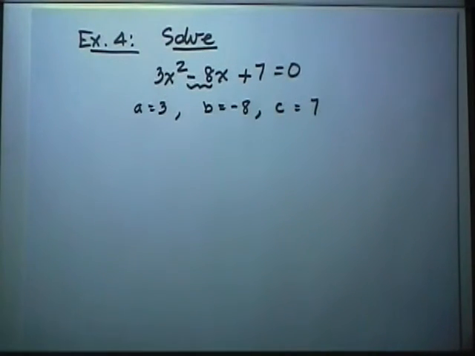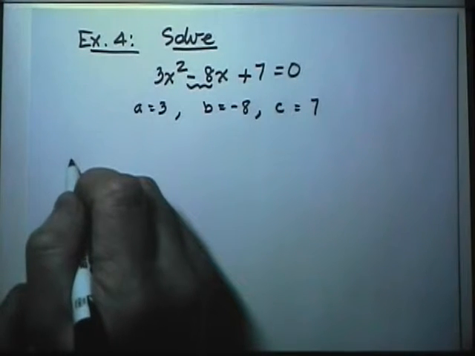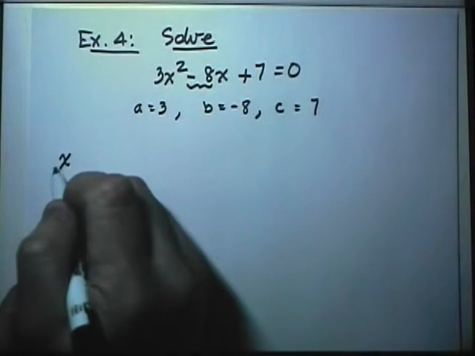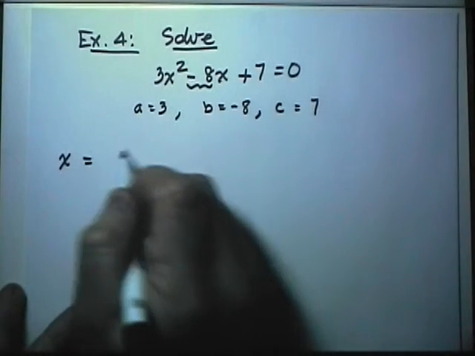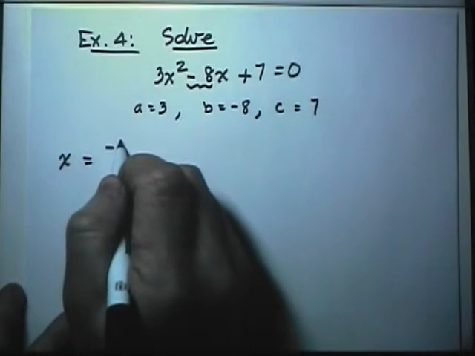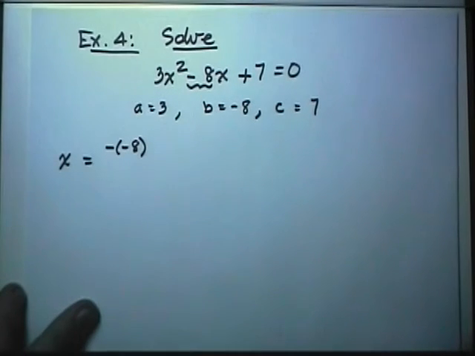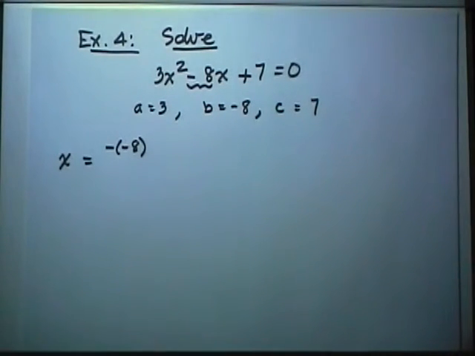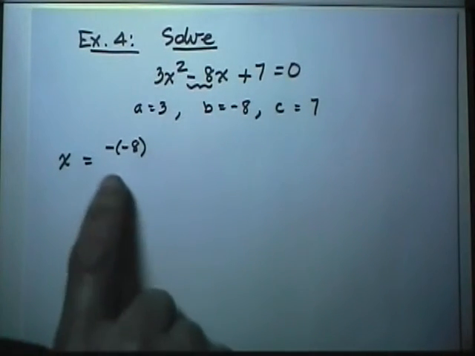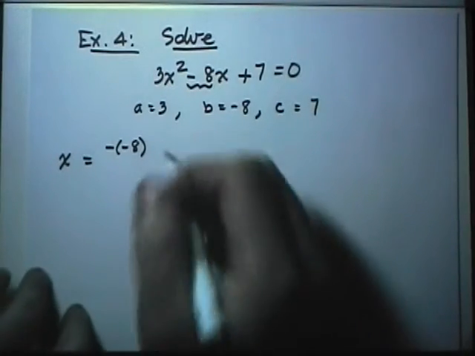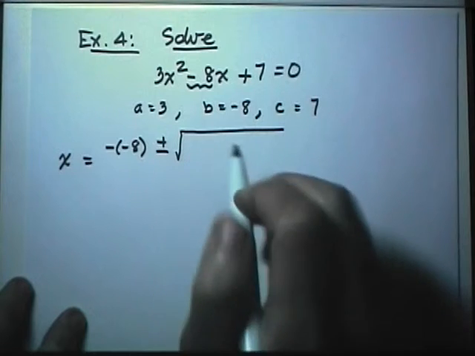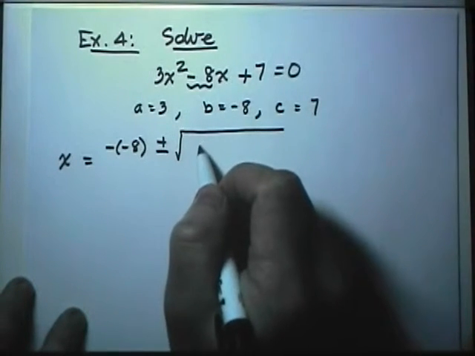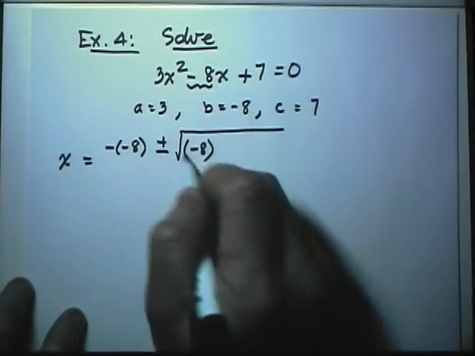And so to solve for this, once again, I'm using my quadratic formula. So minus B, which is minus 8. Just plugging it in the way it's supposed to follow with the formula. So I got minus B, so in here it appears to be minus negative 8, plus and minus, and then the square root, and I got B squared, which in this case is minus 8 all squared.